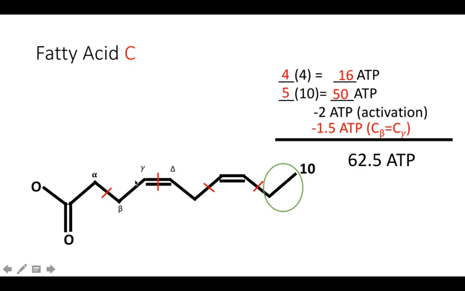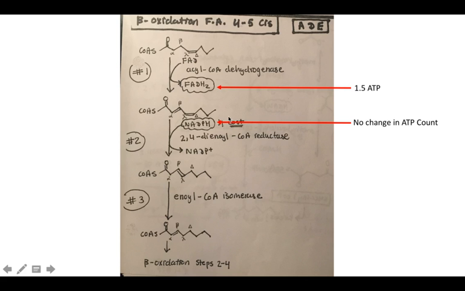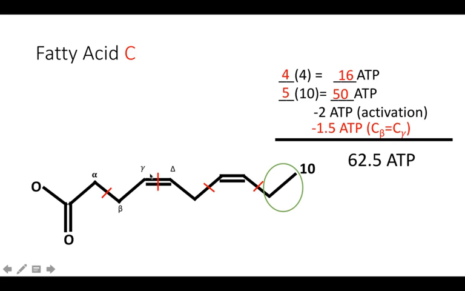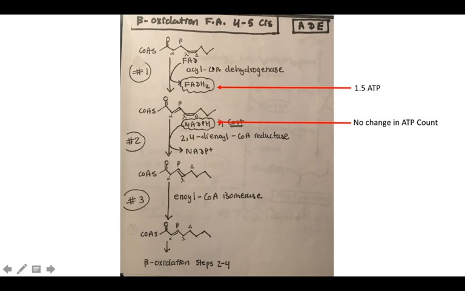So to explain to you the first double bond, the reason why you don't subtract any ATP from the first double bond when it's between gamma and delta is this sheet here from SLA again. You still have to do the first dehydrogenase reaction, so you get that 1.5 ATP from the FADH2, because that's essentially going to do the same thing it normally does in beta oxidation and put a double bond in between your alpha and beta.